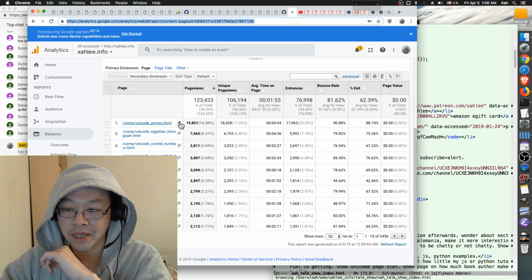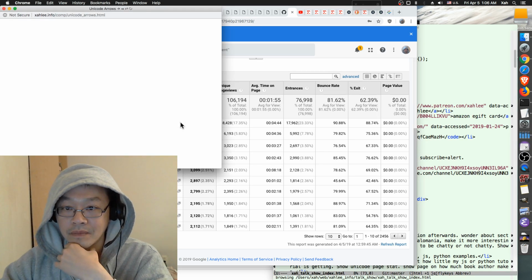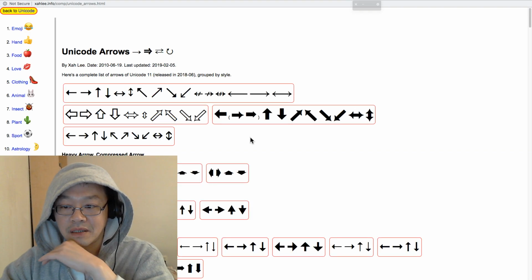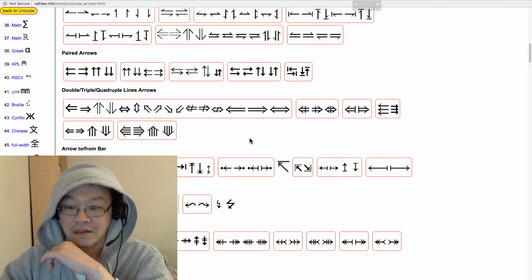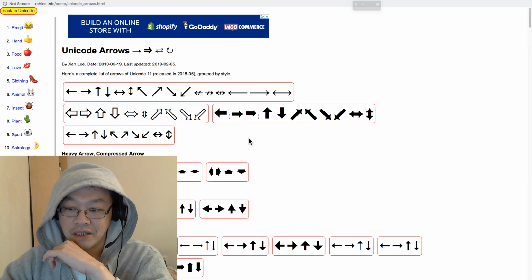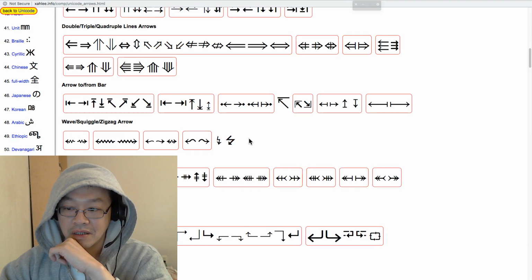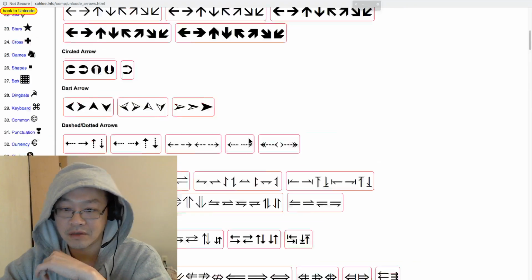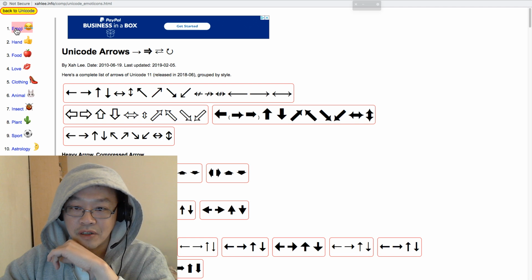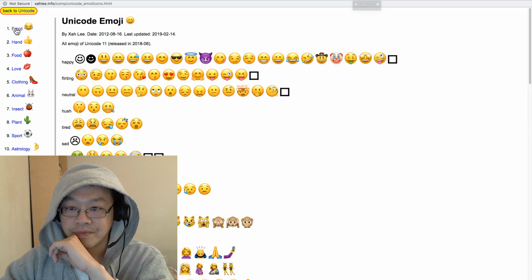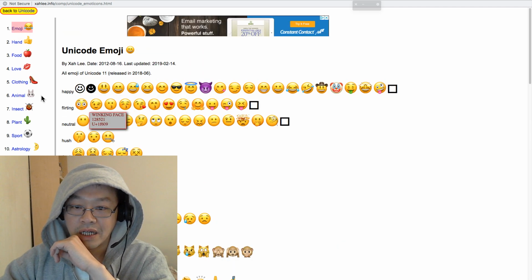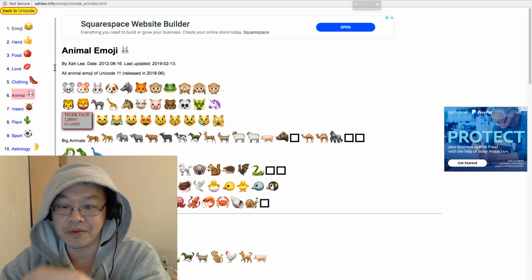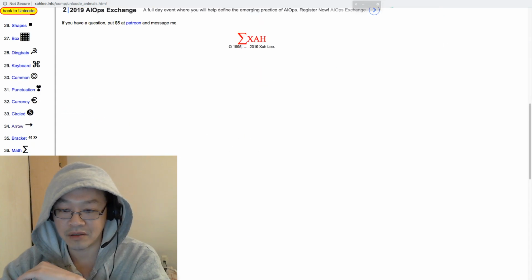Let me show you one page, my Unicode project. This page is about Unicode arrows. You can see these hundreds of different arrows available in Unicode, and I have emoji characters. I showed this Unicode page a few times, so you probably know.